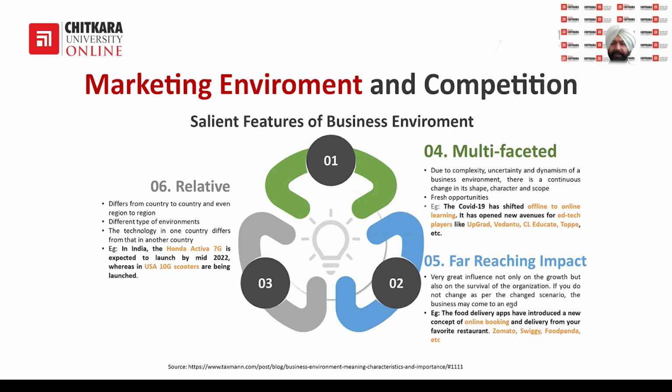Upgrad is still there in the market, they're doing well. Vedantu is there. Byju's is there for that matter. So we can pretty much understand how things evolve and how fast they evolve during unprecedented, uncertain times, right? And we know all of this would have a far-reaching impact.